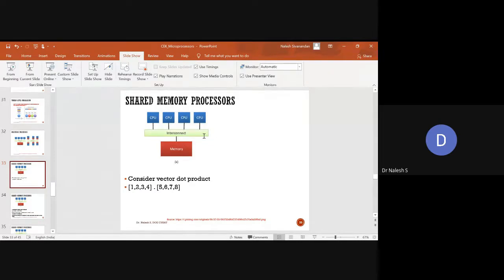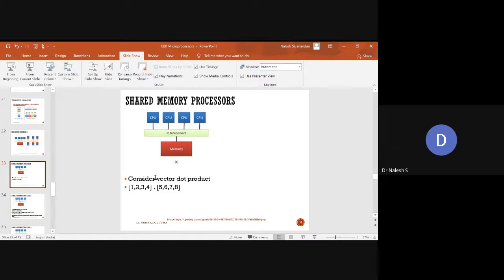How do we do that? One way is, you have this element 1 here. So this CPU will compute 1 into 5. The second CPU will compute 2 into 6. The third CPU will compute 3 into 7. And the fourth CPU will compute 4 into 8.